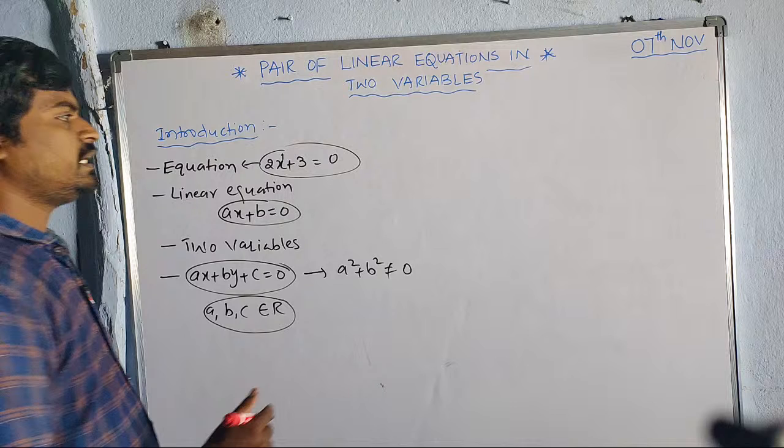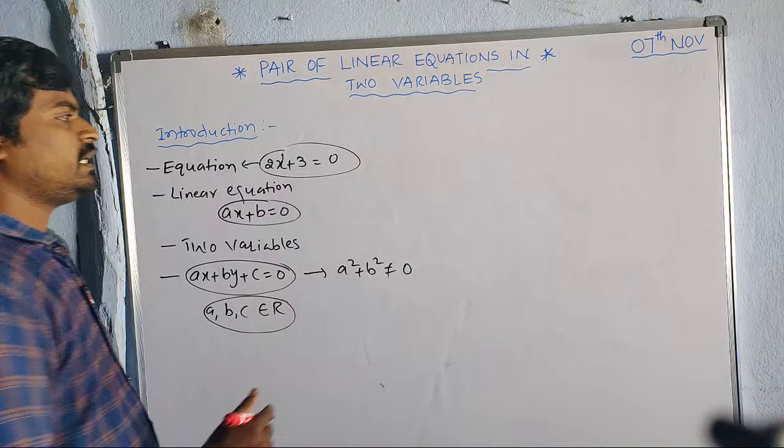For example, here you observe 2x plus 3y minus 5 equals 0, and for example 4x plus 2y minus 6 equals 0.